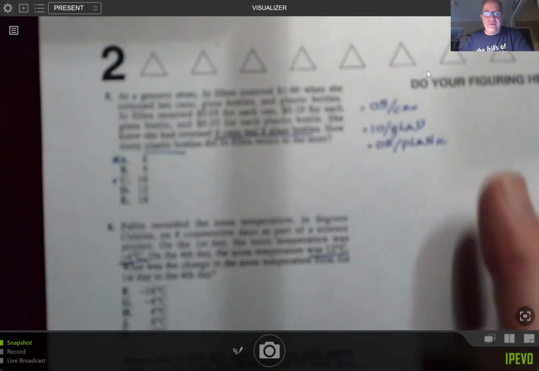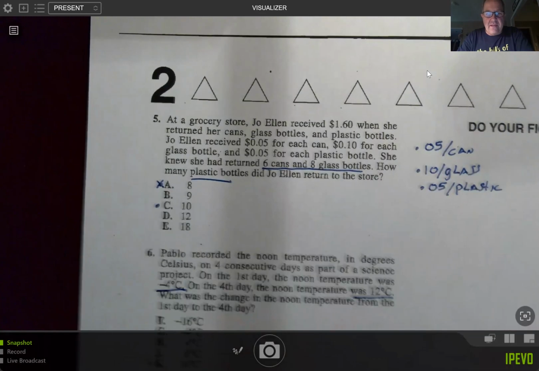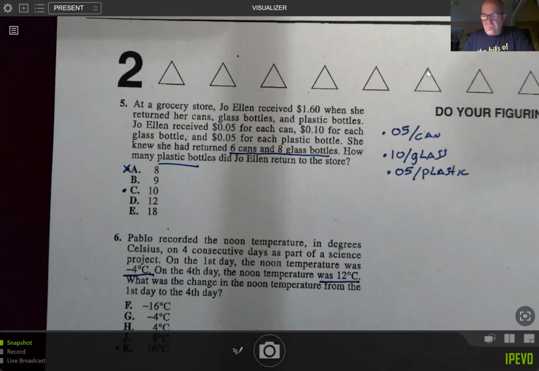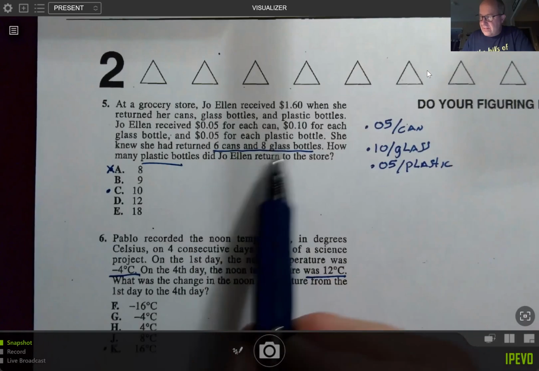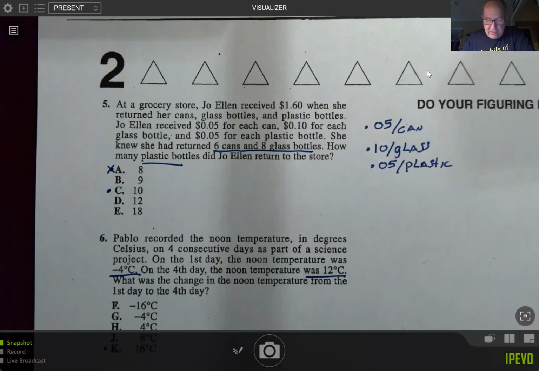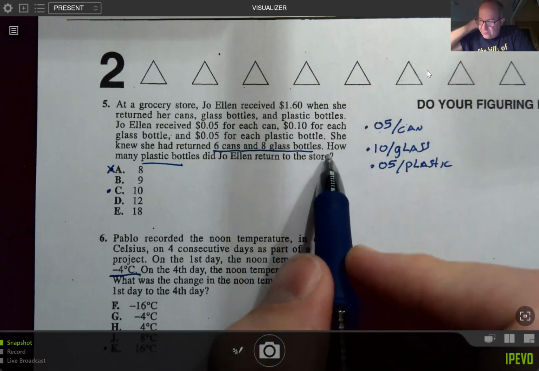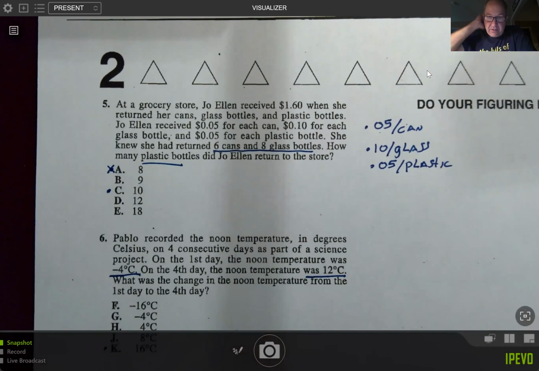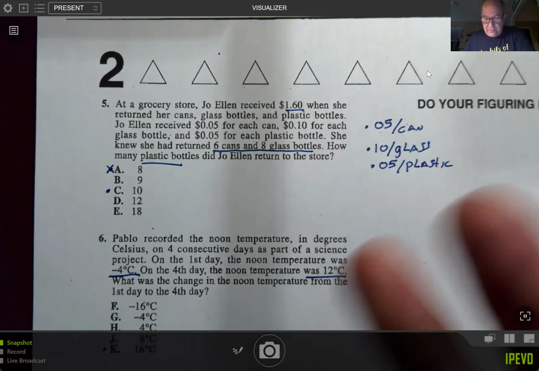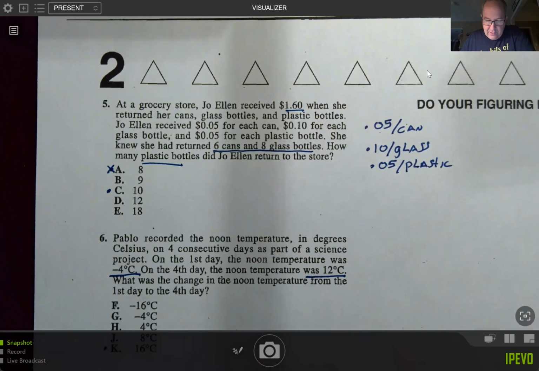Question number 5 deals with recycling and cans. So as I was reading the question, I jotted down some information I thought was important. And the thing is, Joanne, for some reason, doesn't remember how many plastic bottles she brought in. She did get $1.60 though, so she should remember, but she doesn't. So here's what we do.